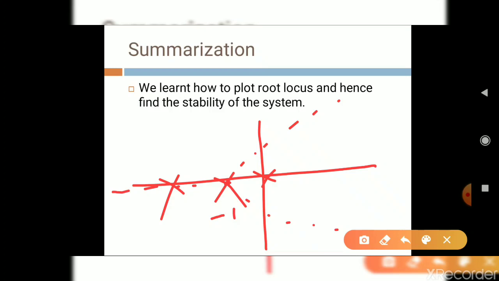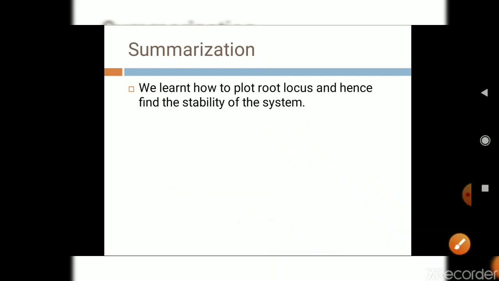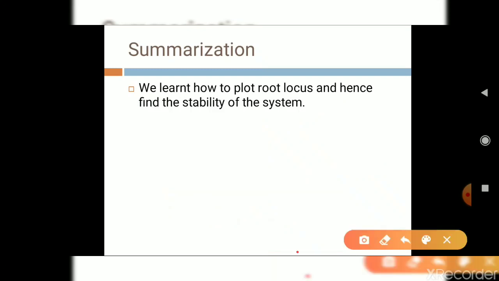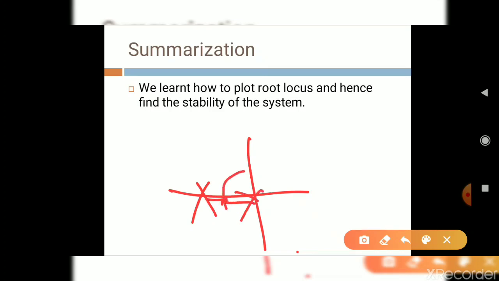Next, the breakaway point. These 2 poles, this and this, will collide with each other, split away and cut the imaginary axis.